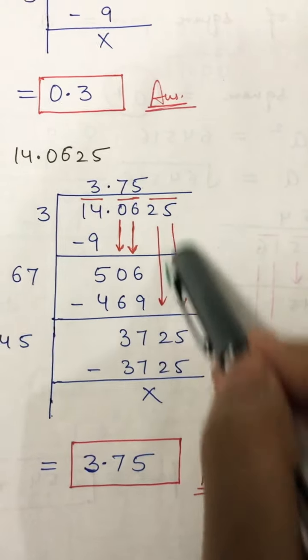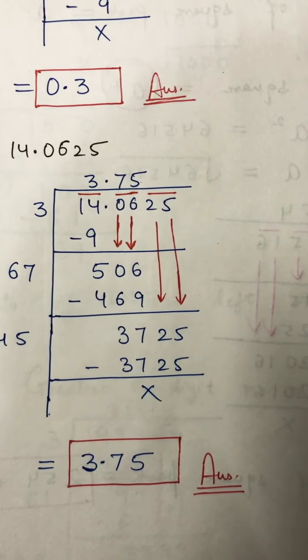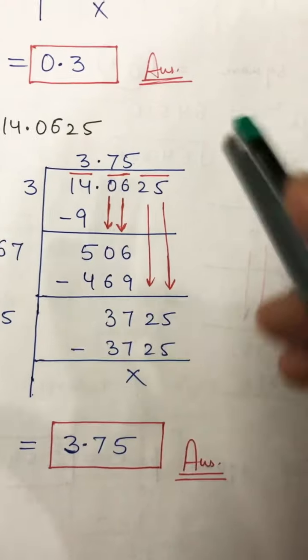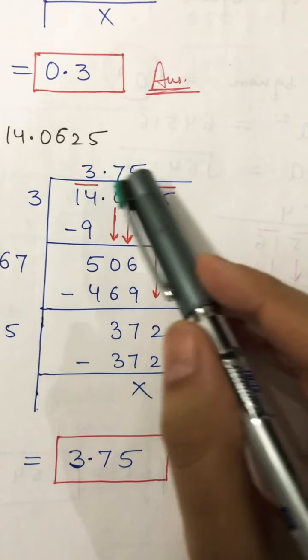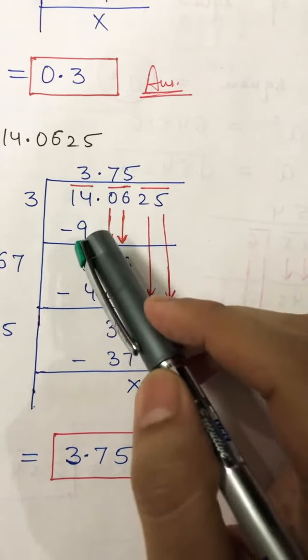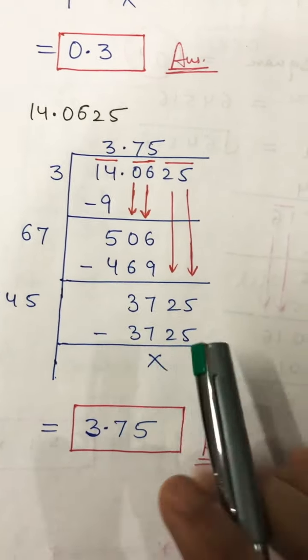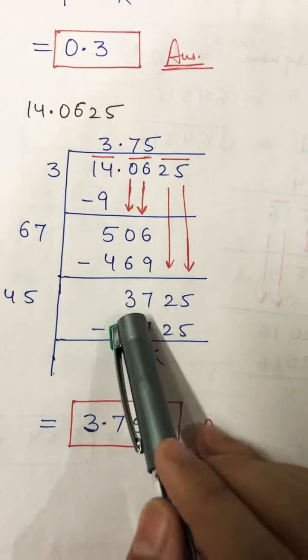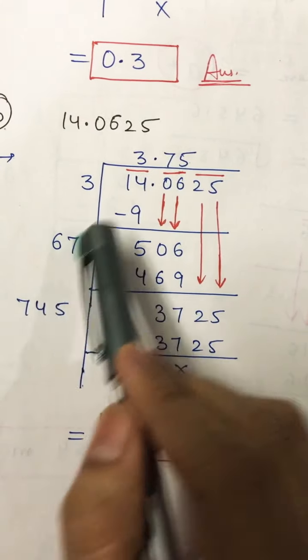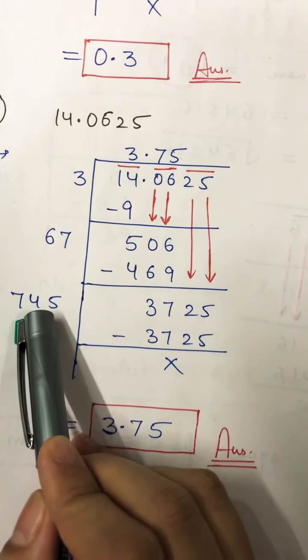Now take out the next two digits. When you take out the next two digits, you can see there is no decimal, so no decimal will come. You place a decimal in the answer only once. Now this is 3725, and 67 plus 7 is 74.